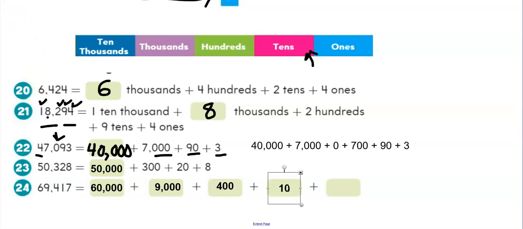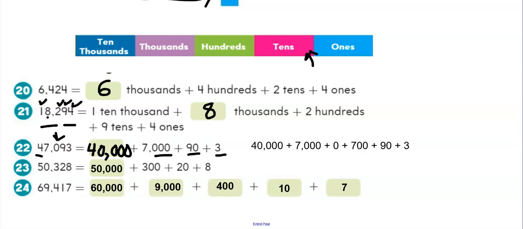And how many single ones do we have in that single ones place? 7. So now we discover that writing 69,417 in expanded form is 60,000 plus 9,000 plus 400 plus 10 plus 7.